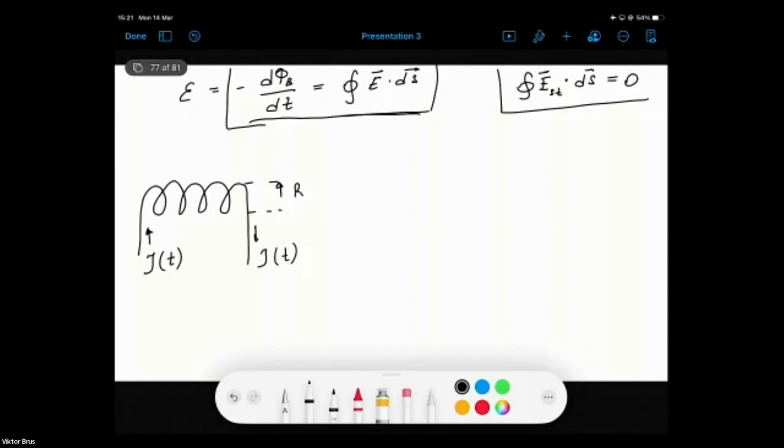So first, outside, we make an imaginary loop with radius r, and this radius is larger than the radius of the solenoid.